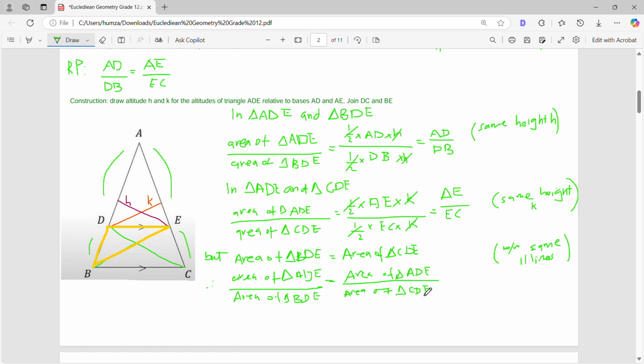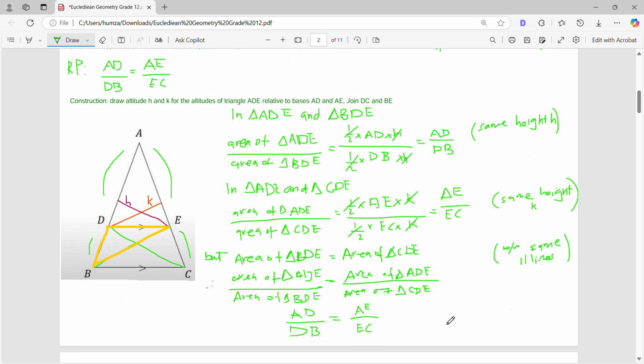Now we know that the right hand side is equal to the left hand side, hence we have proven the theorem that AD over DB is equal to AE over EC.